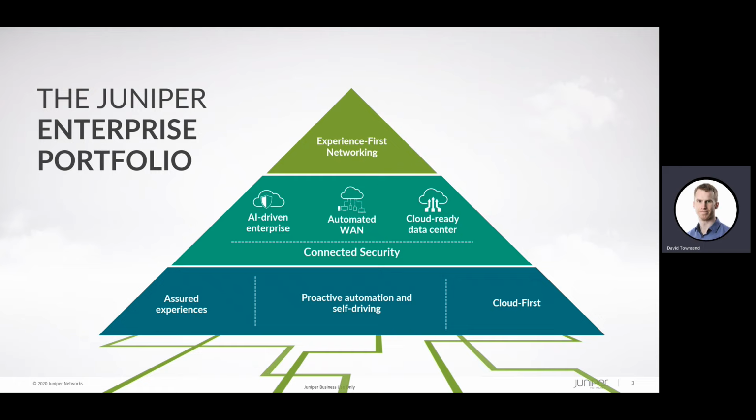We also have the automated WAN solutions for linking different offices and data center facilities with reliable connectivity, which is tunnel-less technology using a new standard called SVR, Secure Vector Routing. For this topic, it is our cloud-ready data center for scalable connectivity and simplified underlay and overlay management with assurance. And of course, throughout this is our connected security strategy, which is a common bond that ties together all of the above by extending visibility, threat intelligence, and enforcement across our entire portfolio.